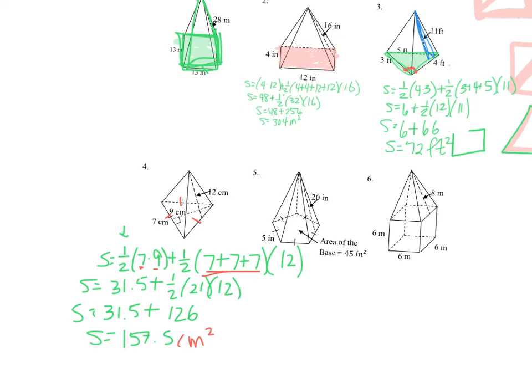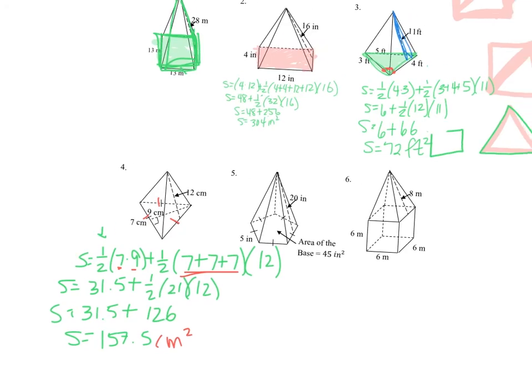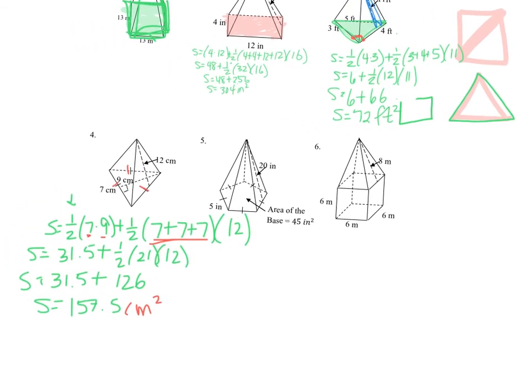This next one I like a lot because it's actually a bit easier than the others. The reason I say this is because you are given the area of the base. You don't have to find it. So when we do this, surface area equals, we're going to follow our same exact formula. Area of the base, oh, it's 45. Nice. Plus, so area of the base plus 1/2 times perimeter.